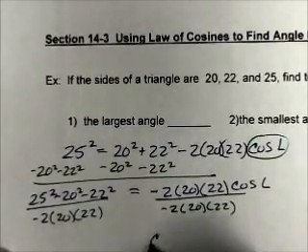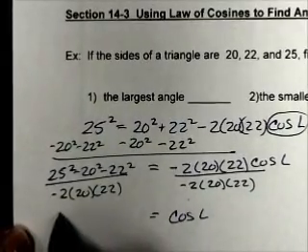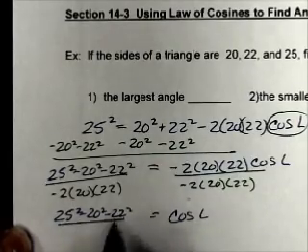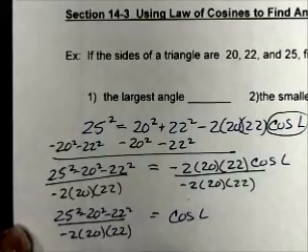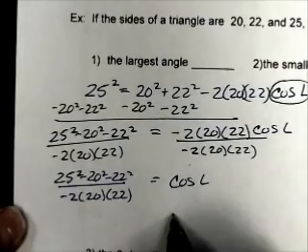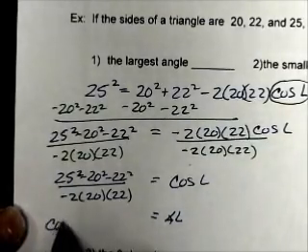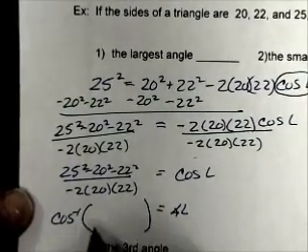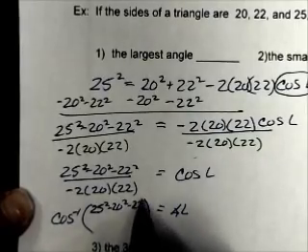So we have here that the cosine of L is equal to this fraction: 25 squared minus 20 squared minus 22 squared, all divided by negative 2 times 20 times 22. So that means that angle L equals the cosine inverse of that fraction.